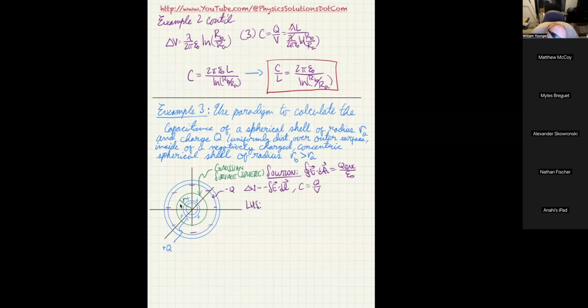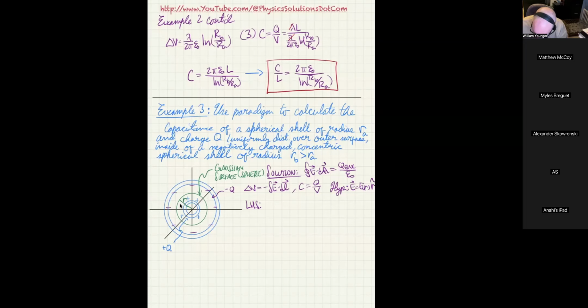The hypothesis is that E is equal to E of R hat. But this time the R hat is in spherical coordinates. So it actually has a K component as well.